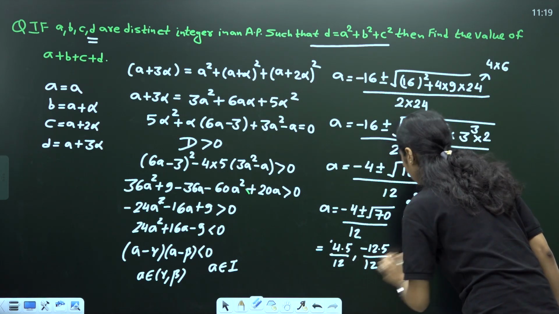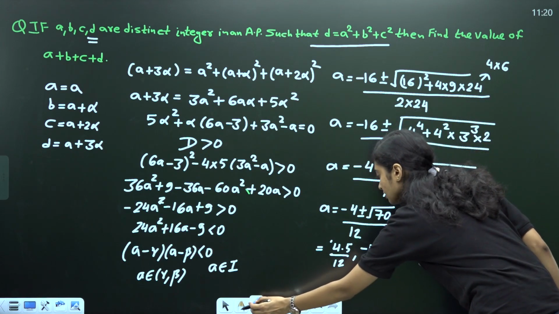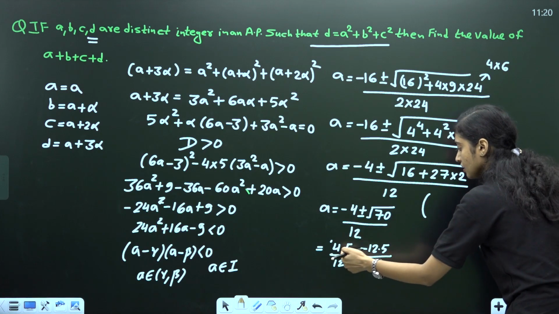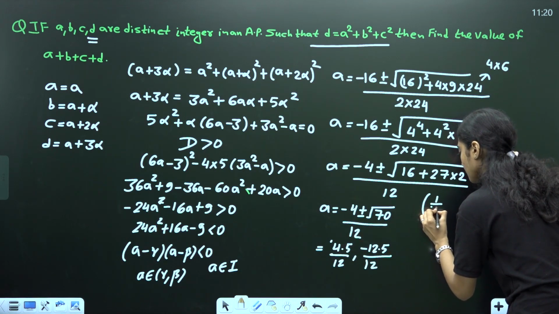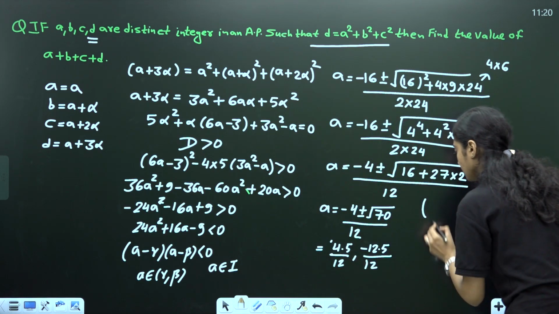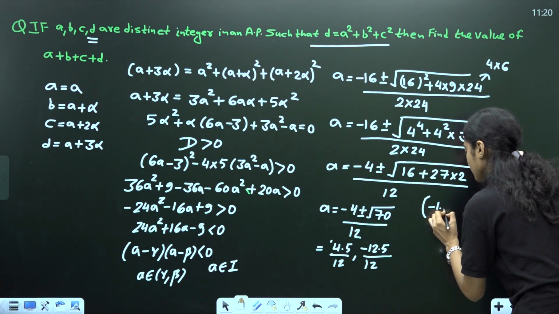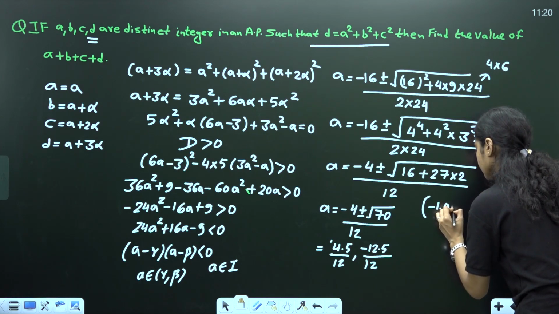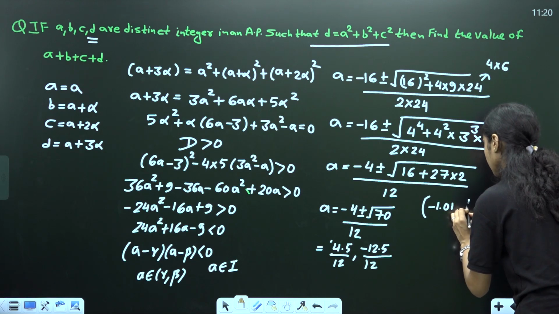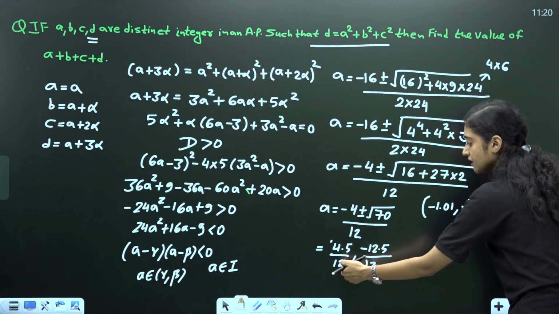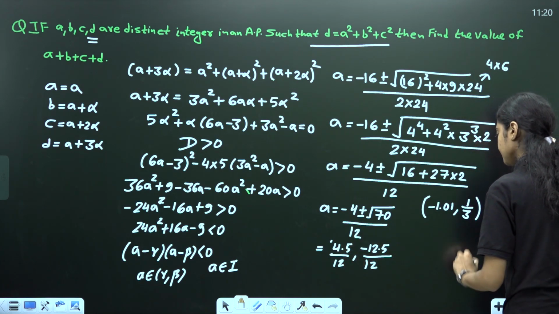So the value becomes approximately minus 1 point something for the negative side, and if we take 4, then 4 by 12 is 1 by 3.